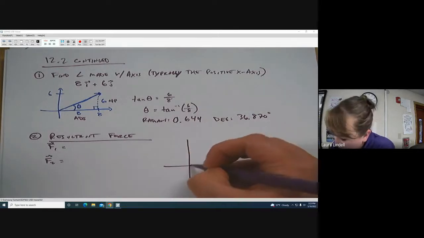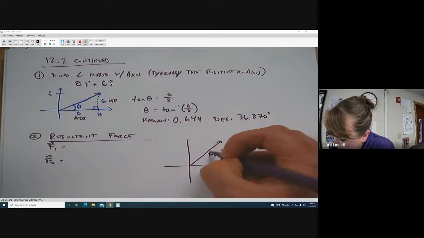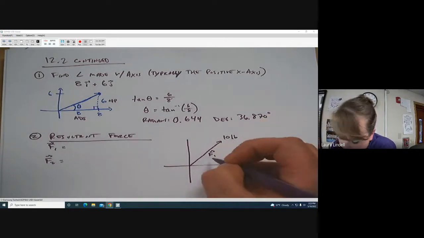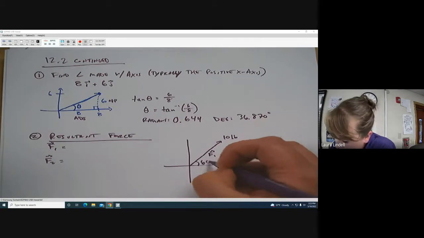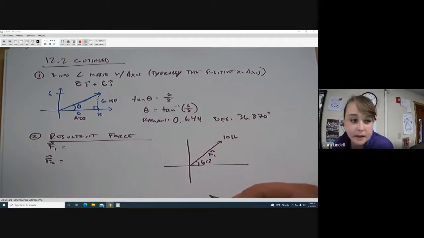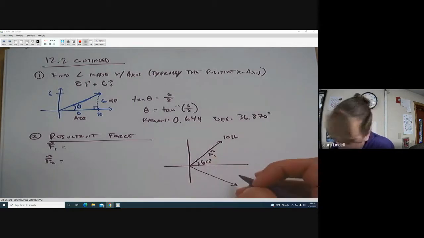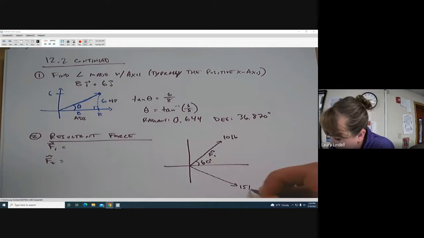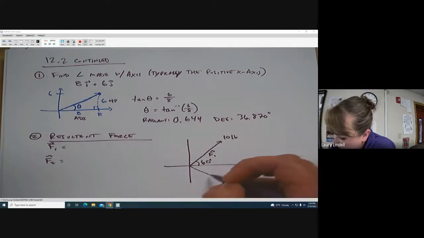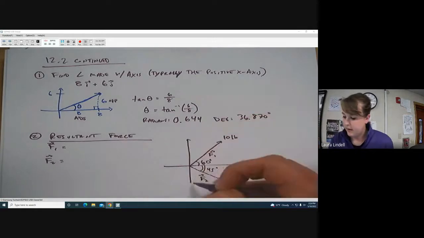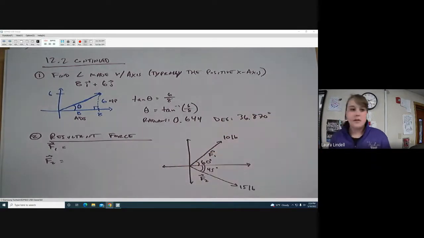Our first force vector, F1, is a 10-pound force, and it makes a 60-degree angle with the positive x-axis. Then our second force vector is a little bit longer. It's a 15-pound force, and it makes a 45-degree angle right there.